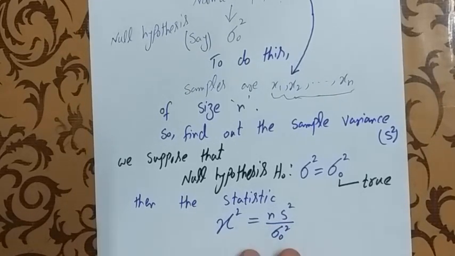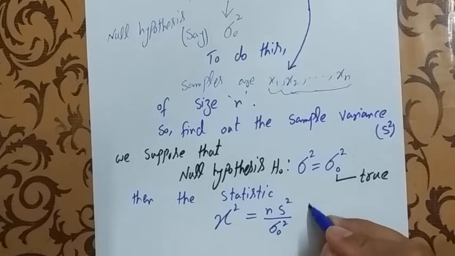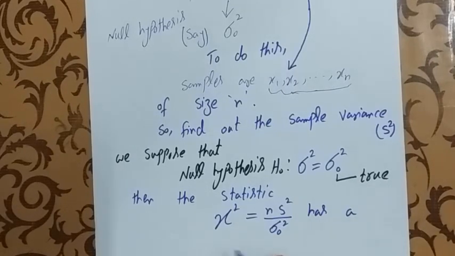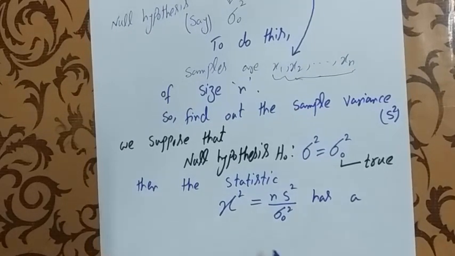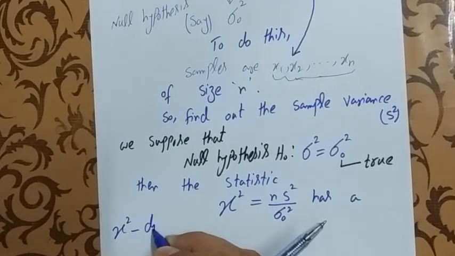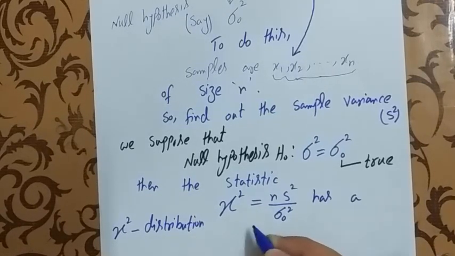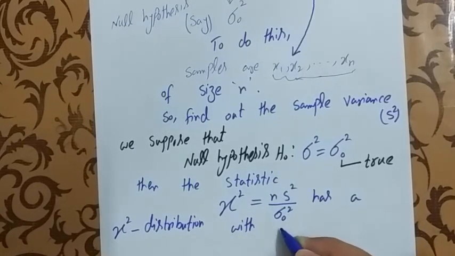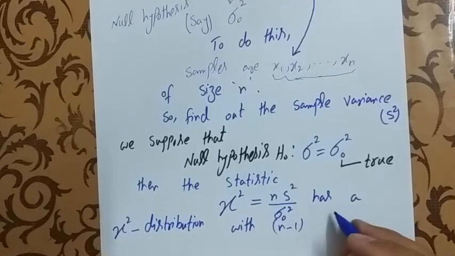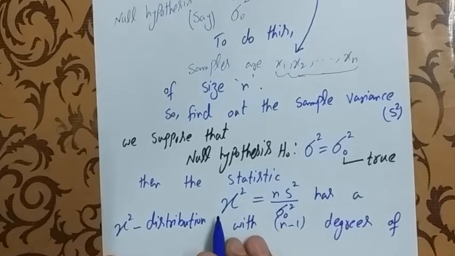Then the statistic for chi-square is equal to this, and has a chi-square distribution with n-1 degrees of freedom.